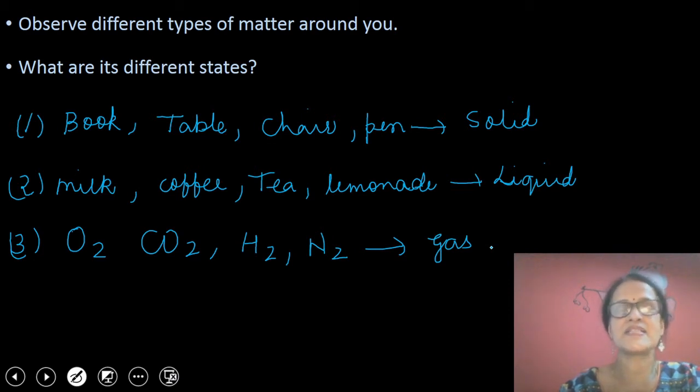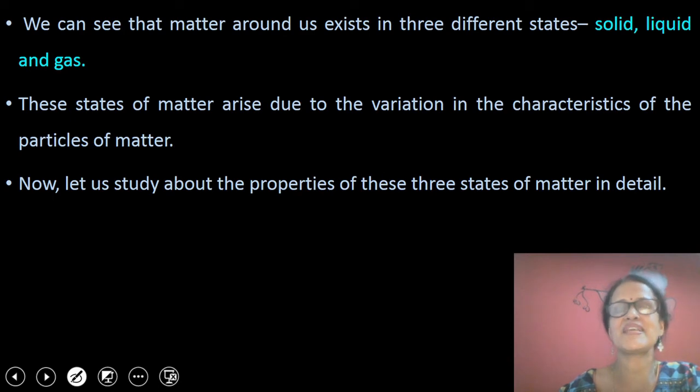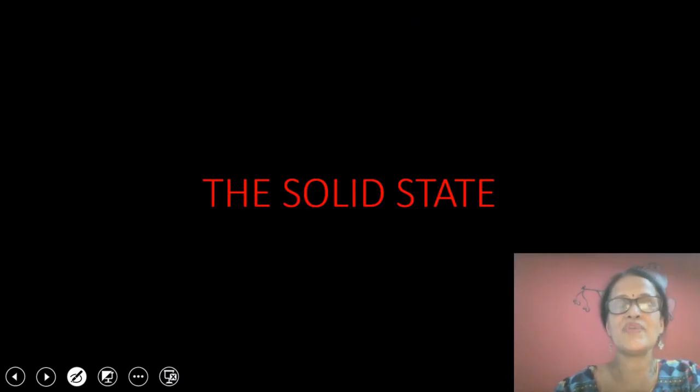This is the reason that the properties of solids are different from the properties of liquid and gaseous state. So after this discussion, we can conclude that matter around us exists in three different states, which are solid, liquid and gas. And the reason for the difference in the properties of these three different states is the difference in arrangement of particles in them. Now we will learn about the solid state.